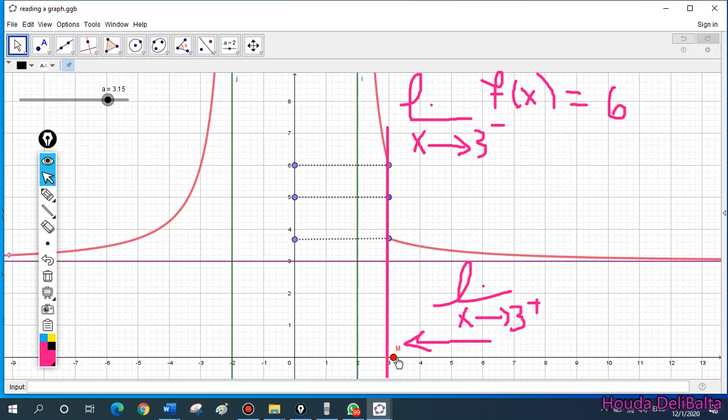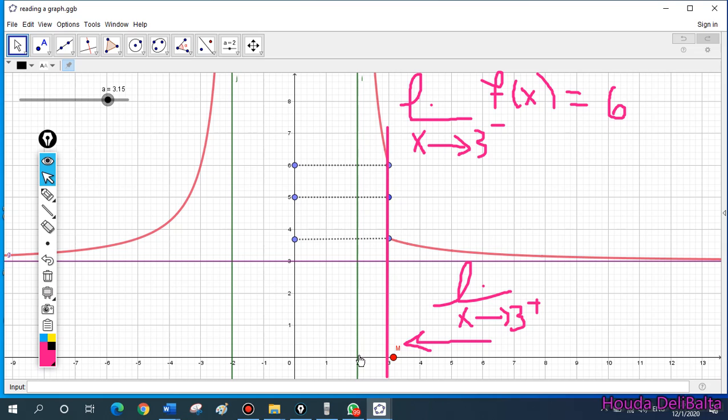That's what we mean by approaching 3 plus. Look at the limit here. The limit is in that part. So the limit here is something between 3 and 4. Let's say, for example, 3.7, or 3.8. What we care about is that it is different from 6.